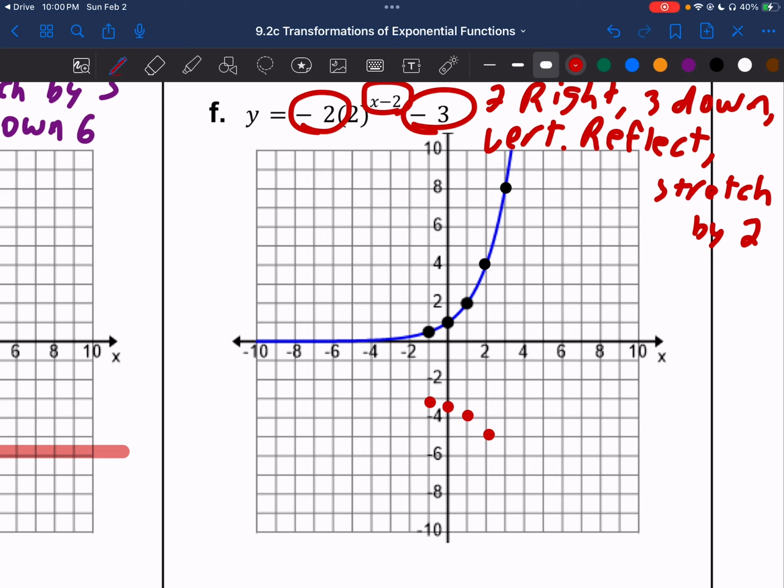When we substitute in 3, 3 minus 2 is 1. 2 to the 1st power is 2, times -2 is -4, minus 3 is -7. And then 4 minus 2 is 2. 2 squared is 4, times -2 is -8, minus 3 is -11. So our graph is going to look something like this.